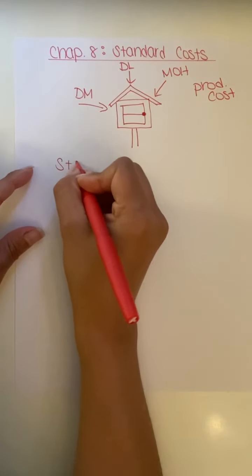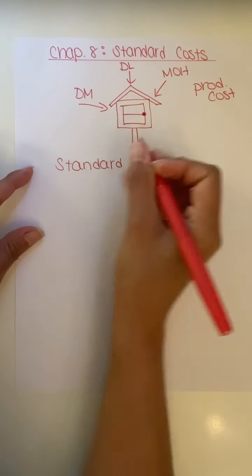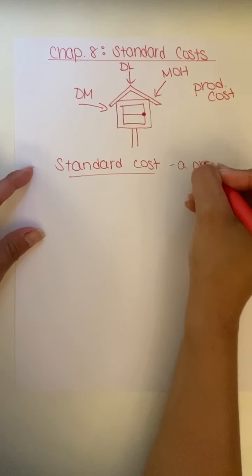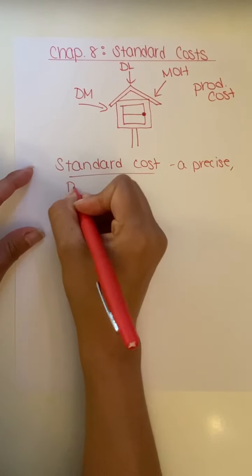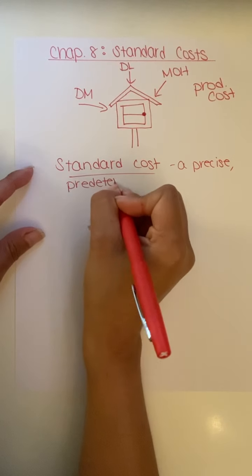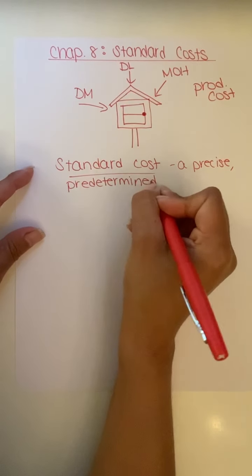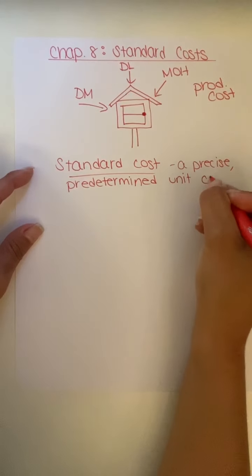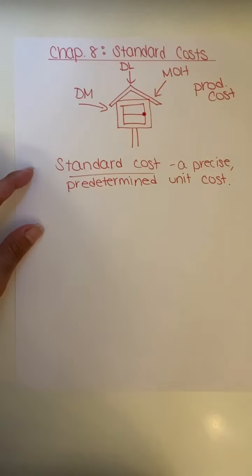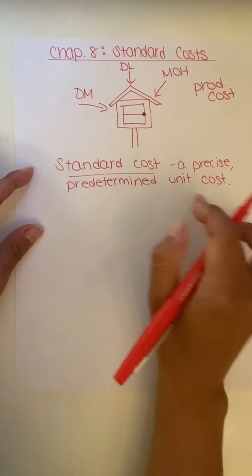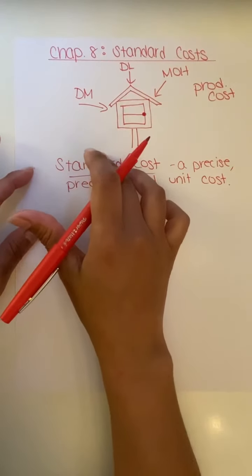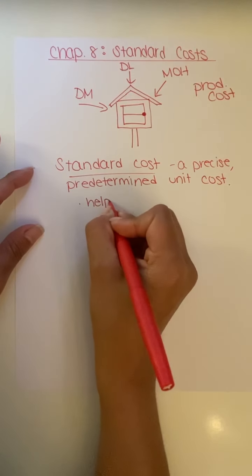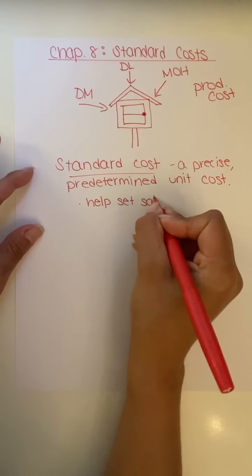So a standard cost, we're talking about product costs. A standard cost is a precise, predetermined, we're not guessing, we're putting careful thought into it, a precise, predetermined unit cost. Okay. And so again, we want to take the time to carefully research and go back and measure because it's going to help us set our sales price.